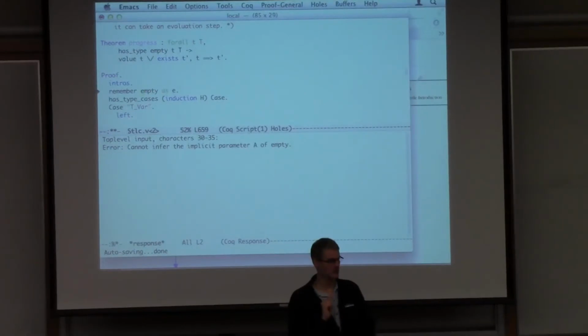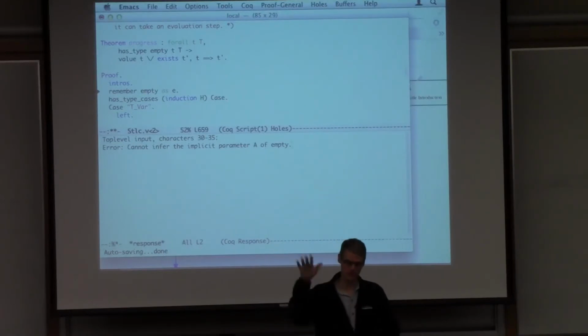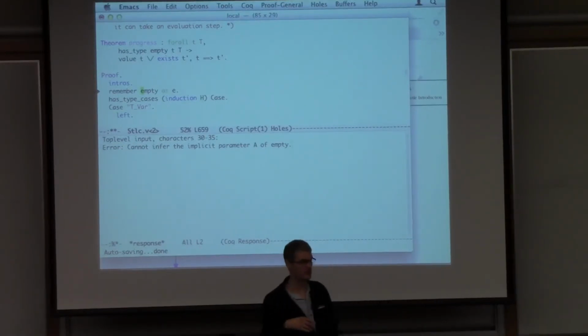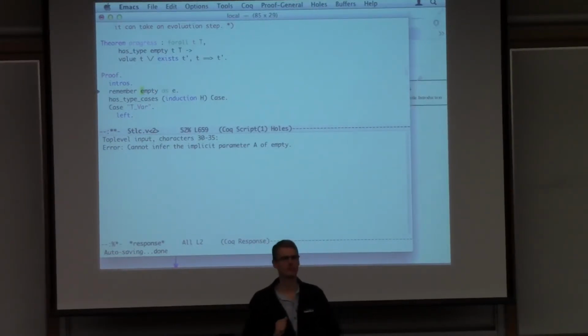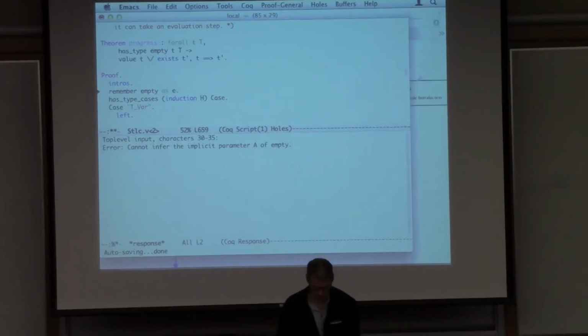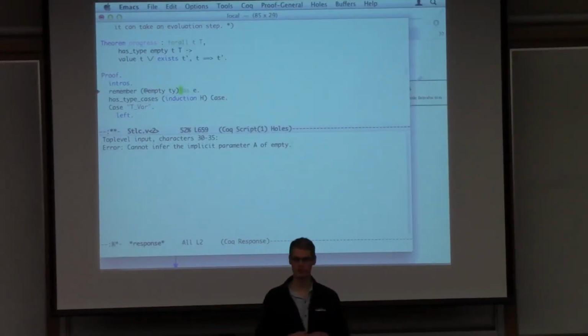So implicitly, there's an underscore following that empty because implicit parameters was turned on when we defined it, and it's now failing to figure out what type we intend in place of that underscore. How do we fix that? If we say @empty, that turns off the implicit parameter, and now we can explicitly supply the type parameter that we want, which is ty, the type of simply typed types.